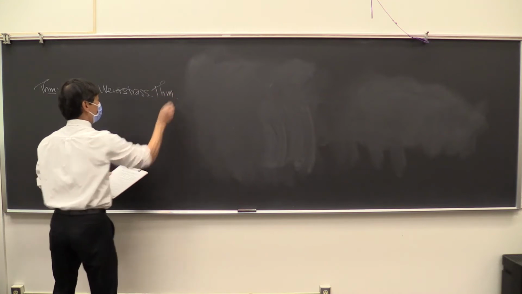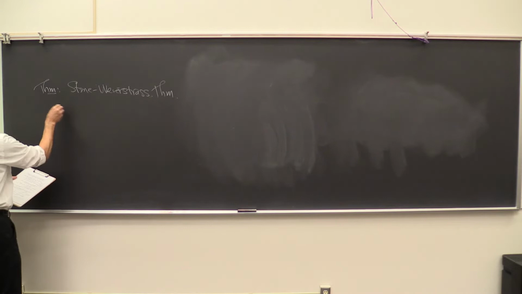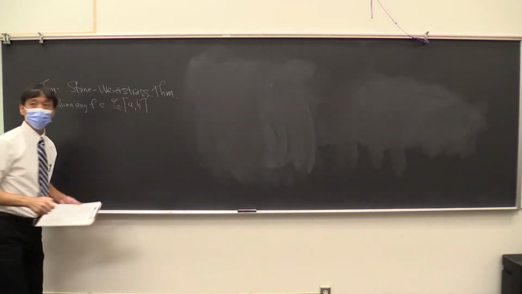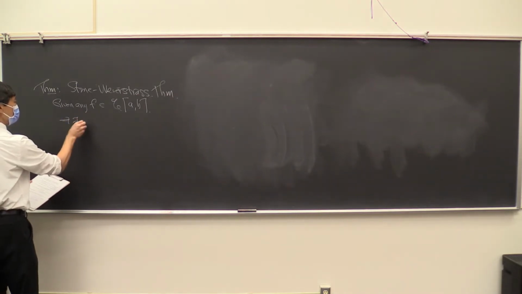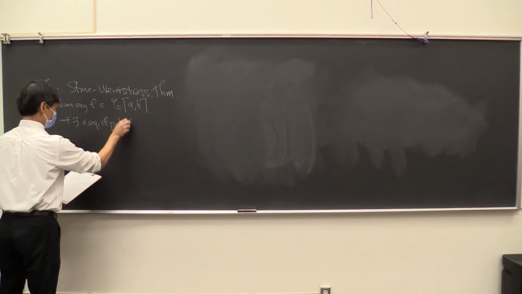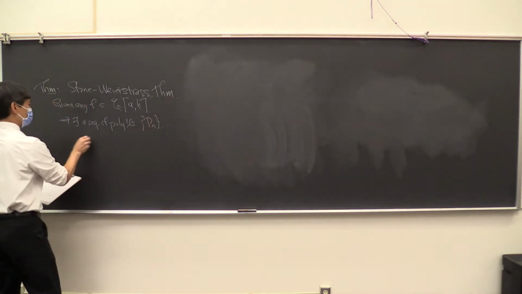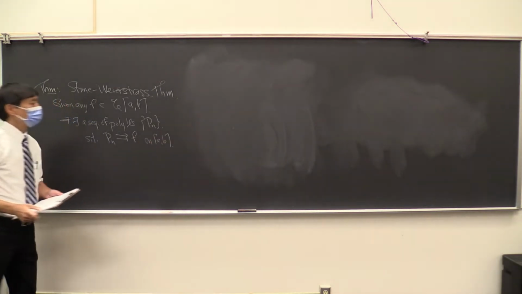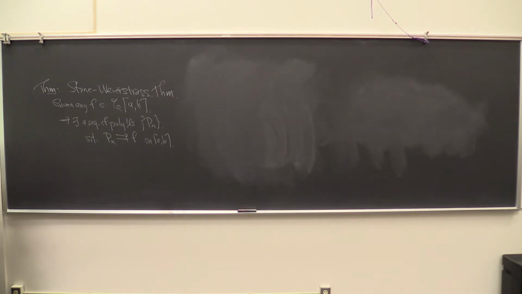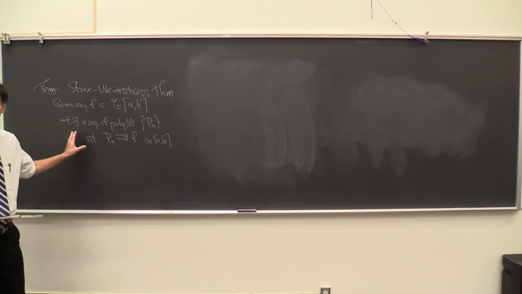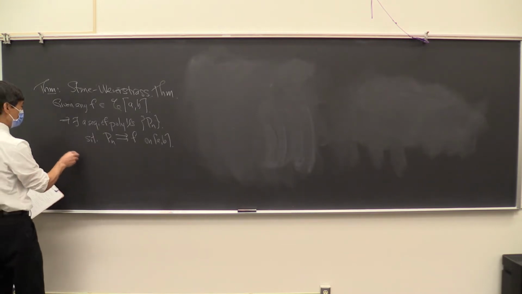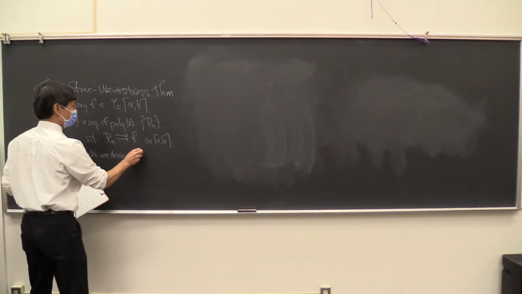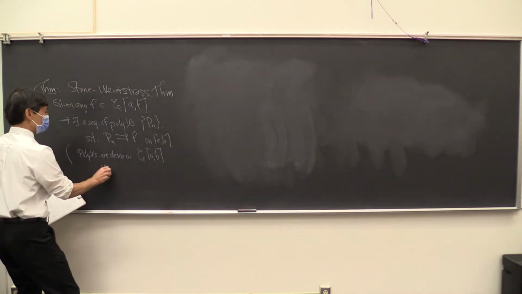What it says is the following: if you are given any function that's continuous on a closed and bounded interval, then there exists a sequence of polynomials, P sub n, such that P sub n converges to F uniformly on the interval. Translated into the language of the sup norm metric, this says that polynomials are dense in the continuous functions with respect to the sup norm metric.